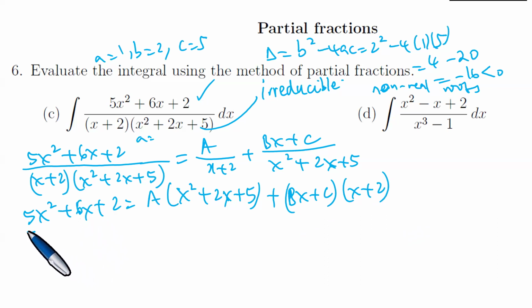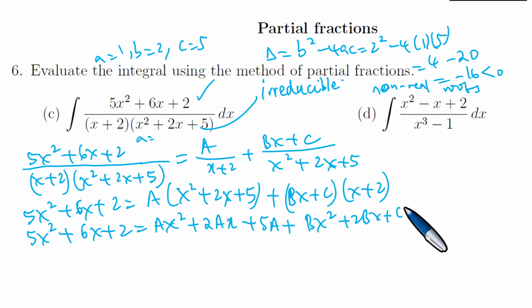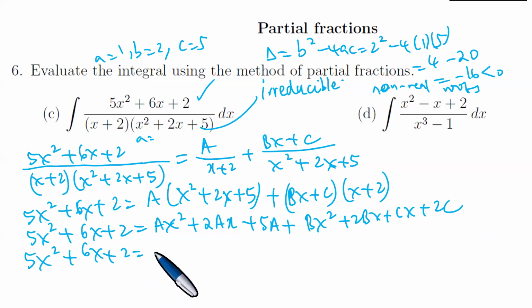So that in the end, you have 5x squared. You come to distribution, which is exactly x squared, 2ax, 5a plus bx squared, 2bx, cx, 2c, giving us 5x squared, 6x plus 2.